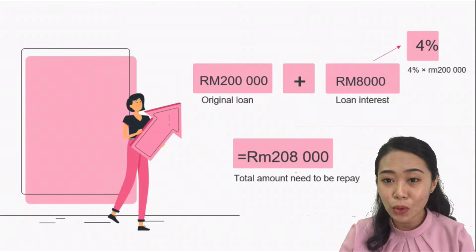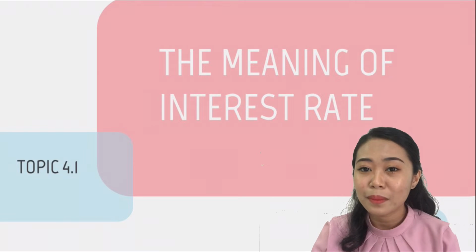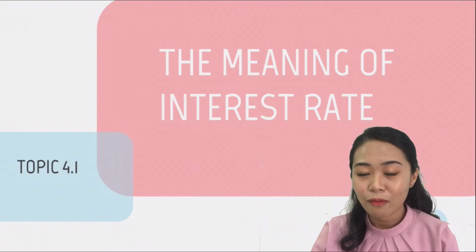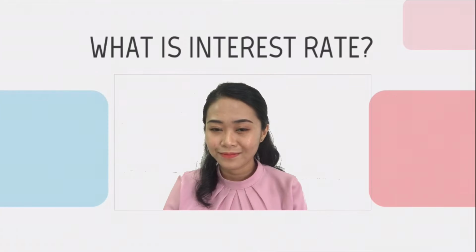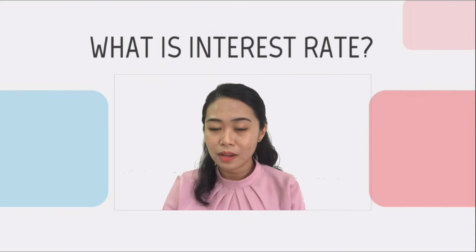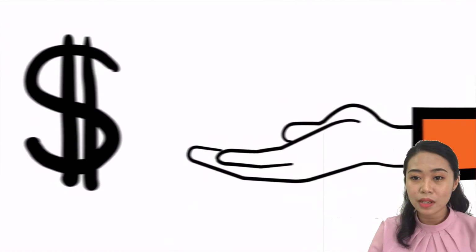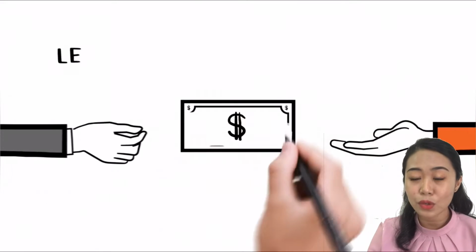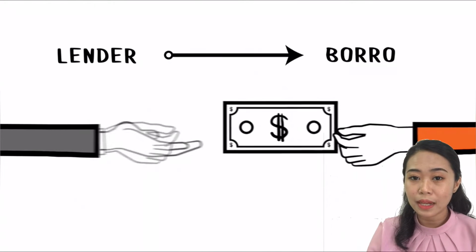From my short story, I think everyone can guess the topic I would like to explain today, that is the meaning of interest rate, from topic 4. So what is interest rate? The interest rate is the amount a lender charges a borrower and is a percentage of the principal, which is the amount loaned.